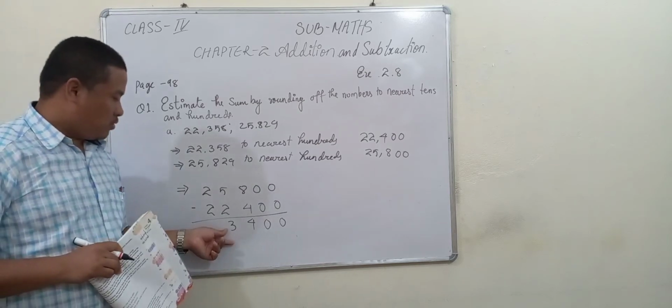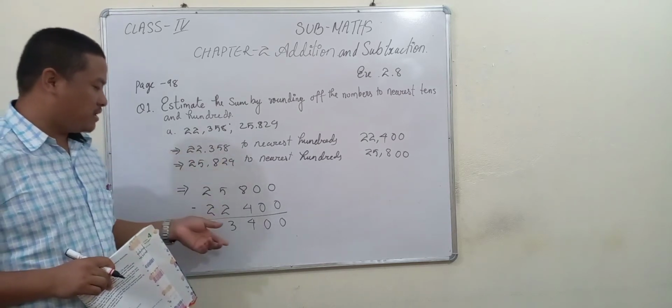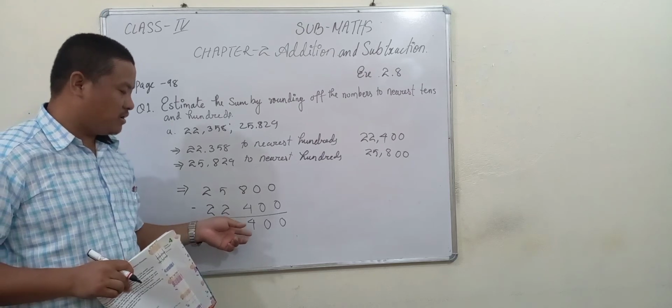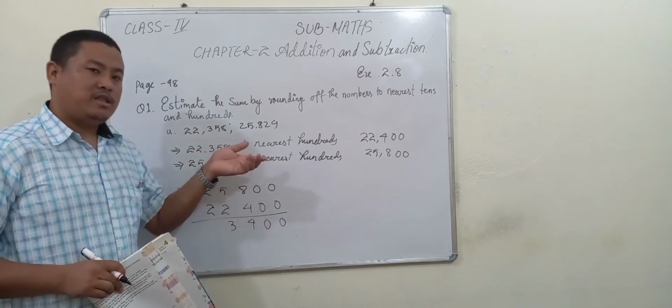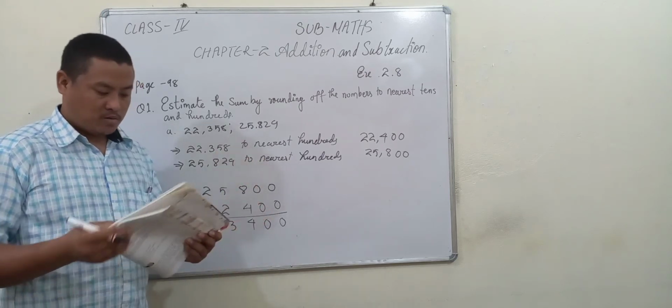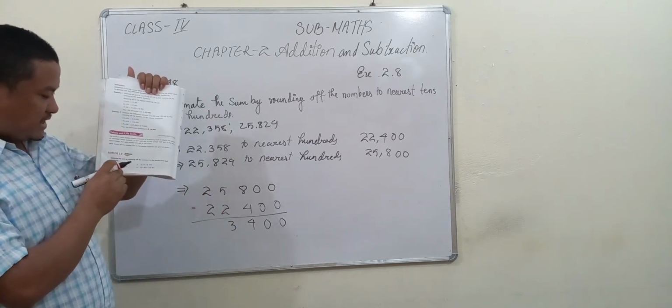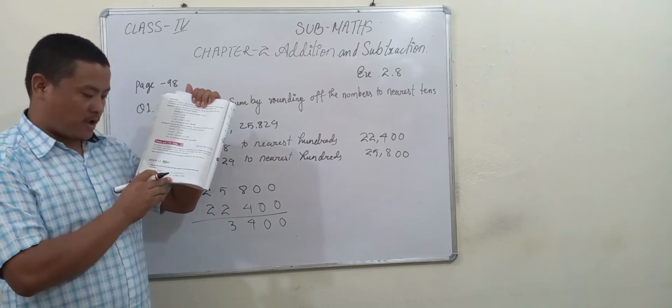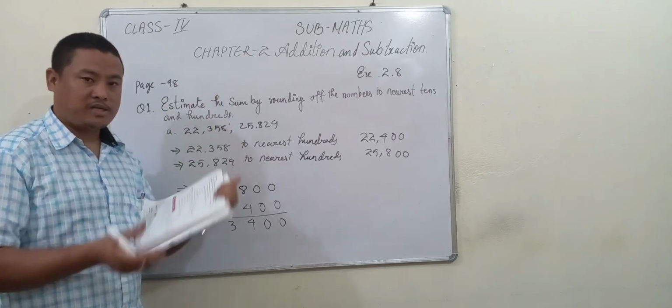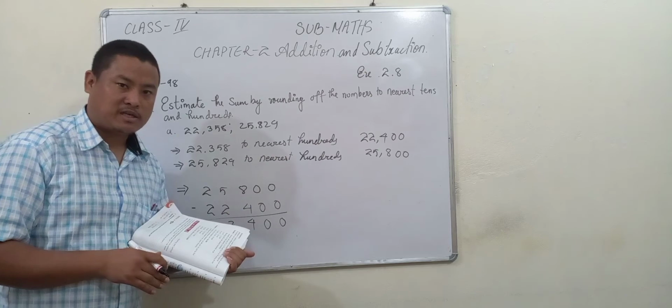Now, when we convert these two numbers to the nearest 100, we got how much? 3,400. Okay. In this way, you have to solve the remaining questions like B, C, D. You practice at home. You just convert first to the nearest 10 and then to the nearest 100.